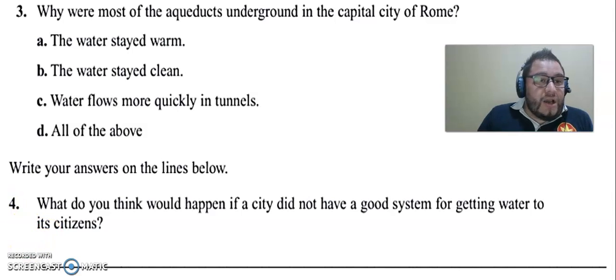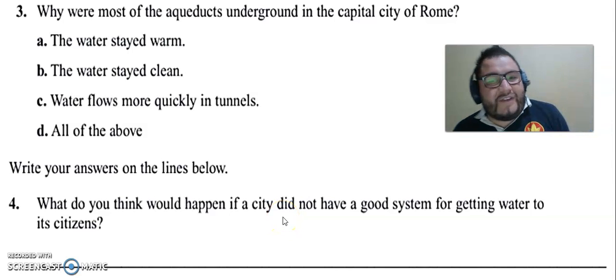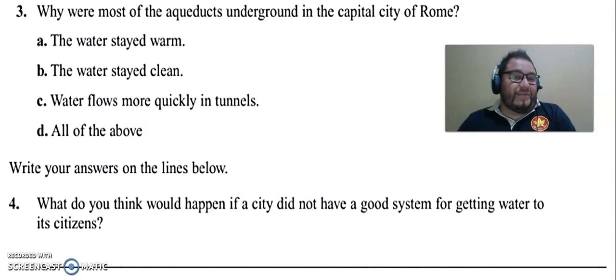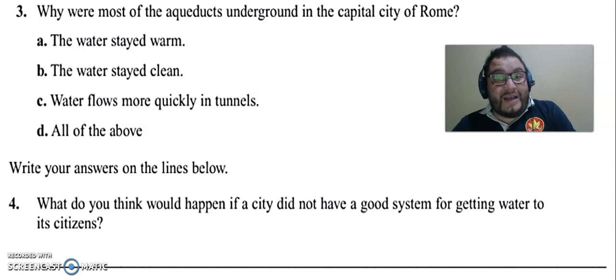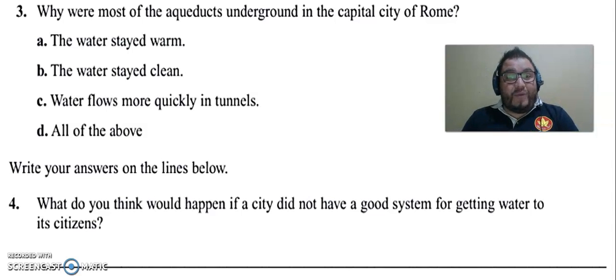And the last one is, write your answer on the lines below. What do you think will happen? It's super easy. If a city did not have a good system of getting water, in Honduras we don't have a good system of water. For that reason most of the places we know as colonias don't have water in the capital, Tegucigalpa.